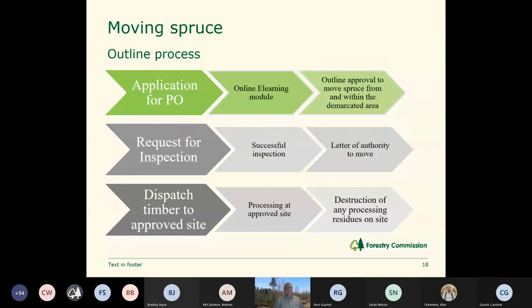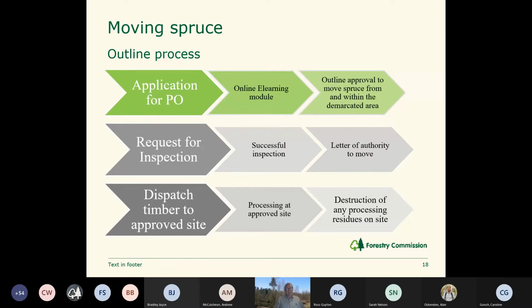They're given outline approval to move spruce from within the demarcated area once they've got that, and then individual movements are controlled with a further level of inspection and regulation. Once a business is approved to move the material, they will provide a request for an inspection. Upon successful inspection by a plant health officer, they will be given a letter of authority to move that material, and they're then allowed to move that material to an approved site for processing or destruction.